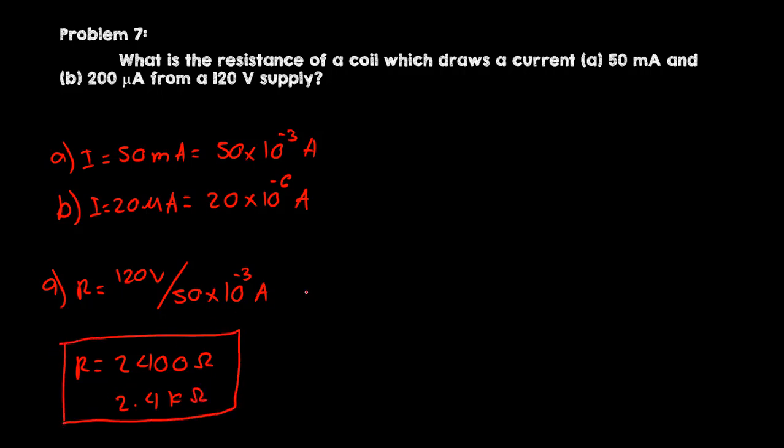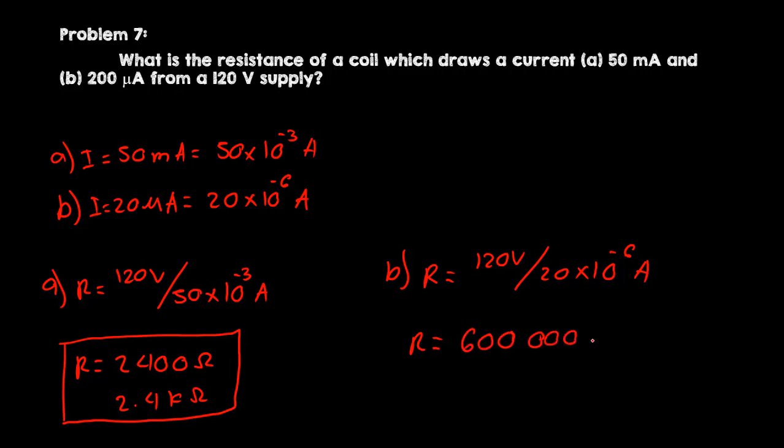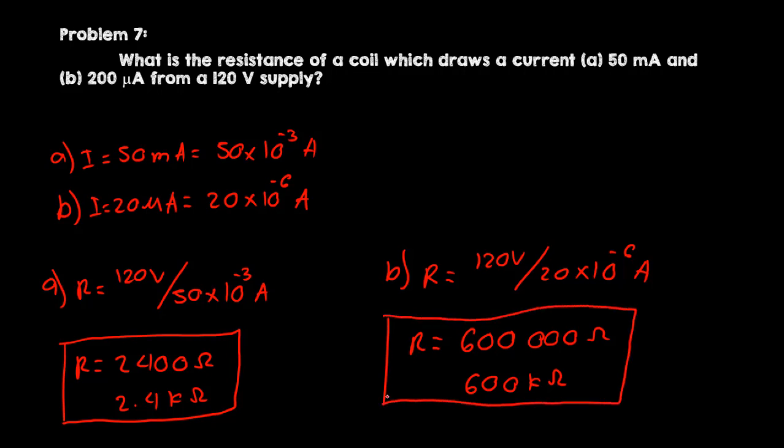This is for letter A. And for letter B, R is equal to 120 volts all over 20 times 10 raised to negative 6 amperes. And our R for letter B is 600,000 ohms. This is a bit bigger than letter A, or 600 kilo ohms. That is for letter B.